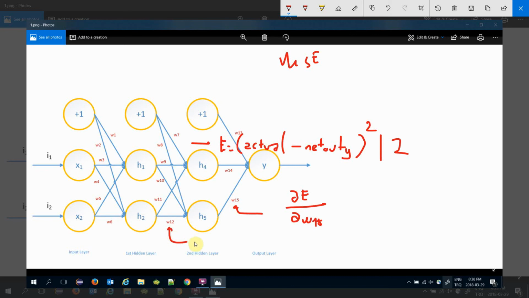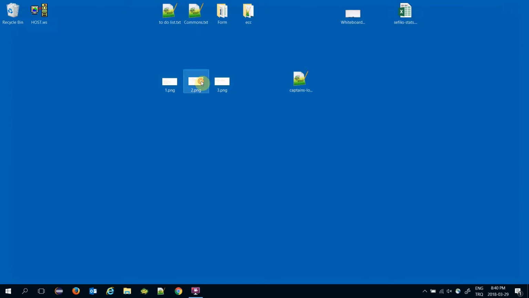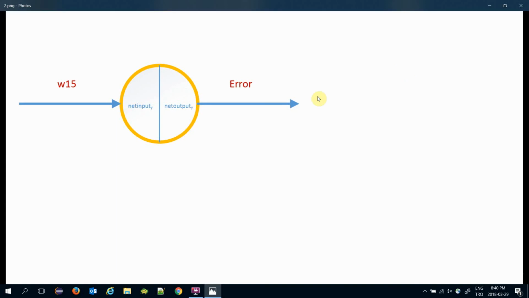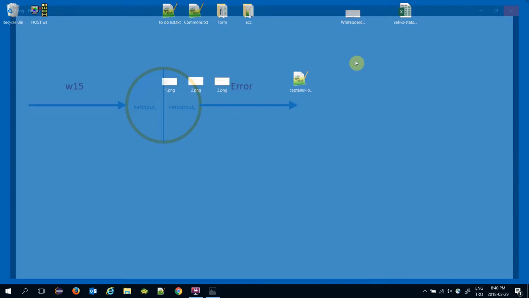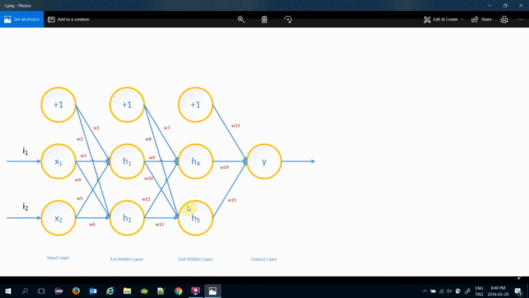Similarly, how much this error should be reflected to W12. This means we need to calculate the derivative of total error with respect to W12. Now we will go through these calculations, and I have extracted the related pieces of W15 backwardly from right to left.